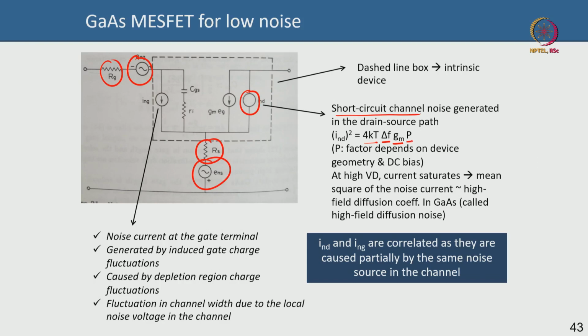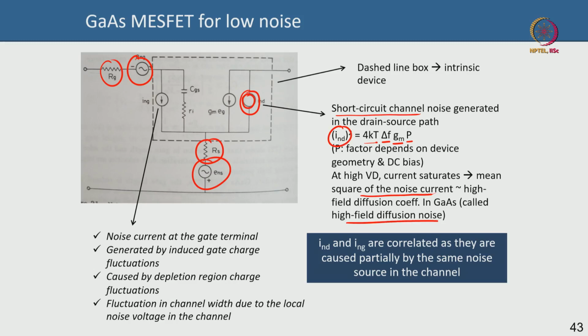However, this noise in the drain source path is basically the actual noise that dominates in most cases. The source of this noise is the current itself. The current itself generates this noise, and we usually operate this in the saturation regime. The mean square of the noise current, which is what I am mentioning here, we also call high field diffusion noise, because it is under high field saturation.